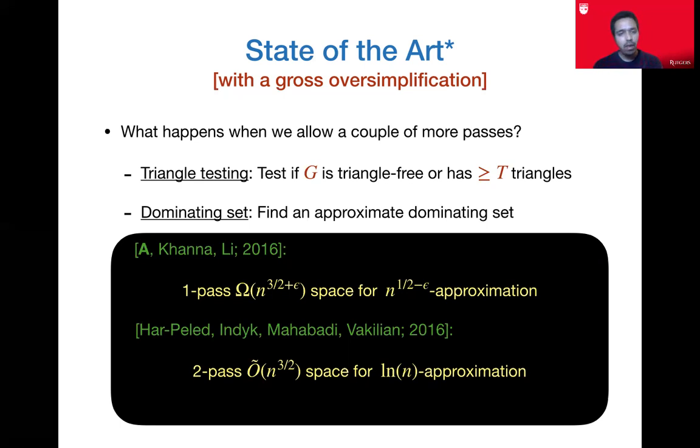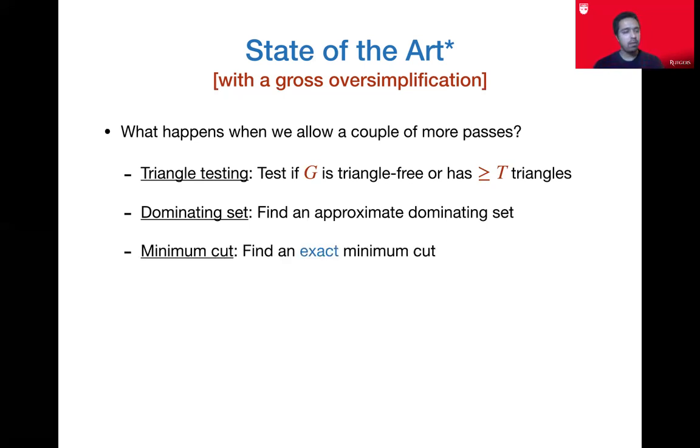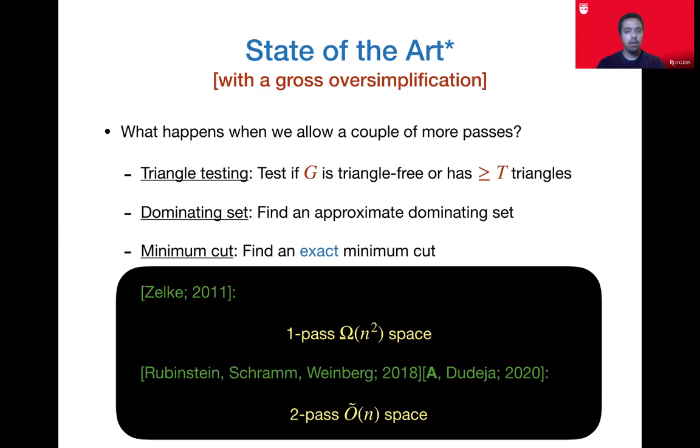But the most glaring example is the problem of finding a global min cut of an undirected, unweighted graph exactly. We knew for quite some time that in 1 pass you need omega n squared space, but some recent work showed that even in just 2 passes, we can solve this problem very efficiently in O tilde n space, or even order n log n bits.